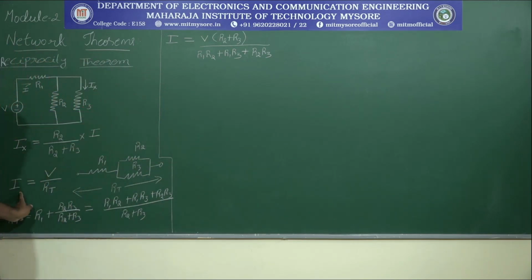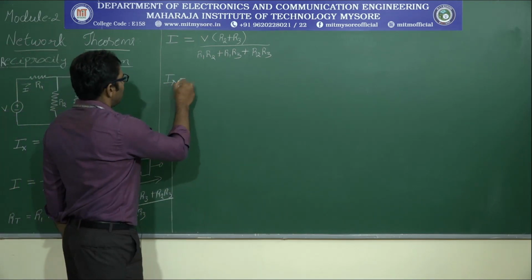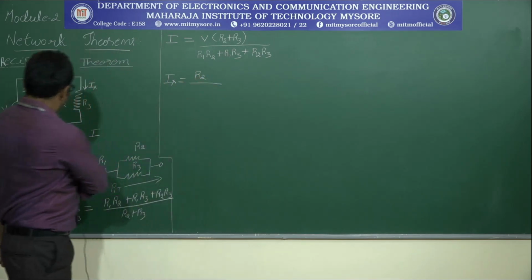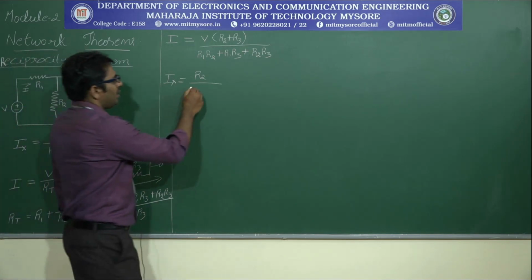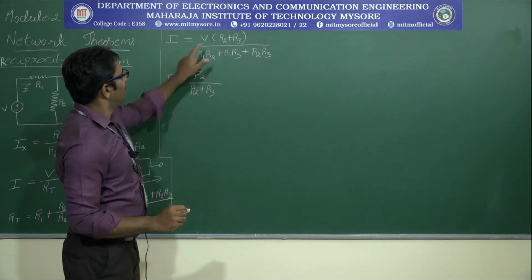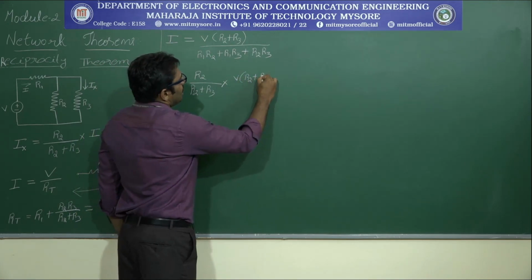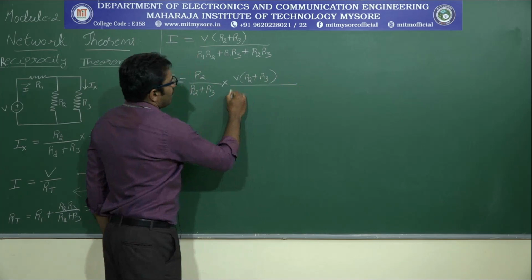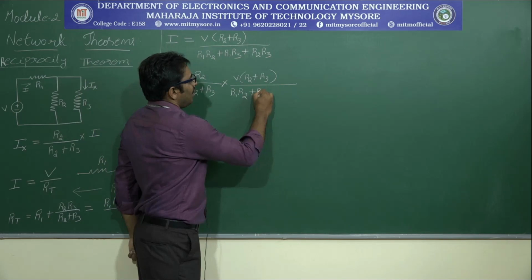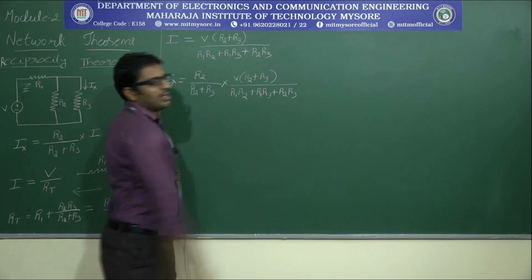So by knowing I, yes, we can find out Ix. So what is Ix? Ix is equal to R2 divided by R2 plus R3 into I. What is I here? I is V into R2 plus R3 whole divided by R1 R2 plus R1 R3 plus R2 R3.